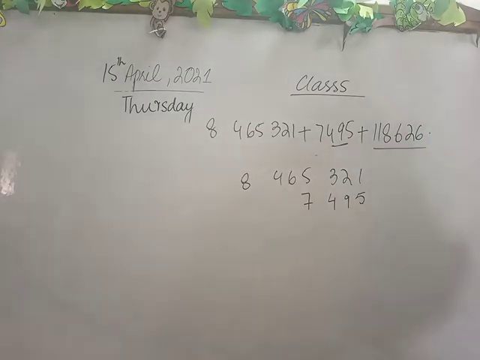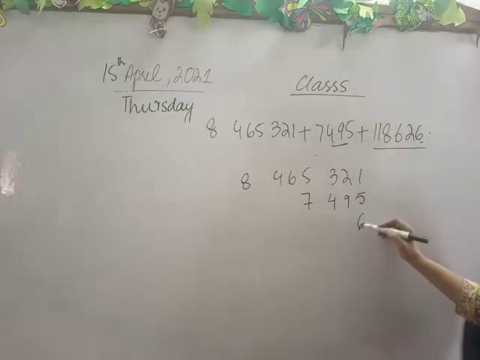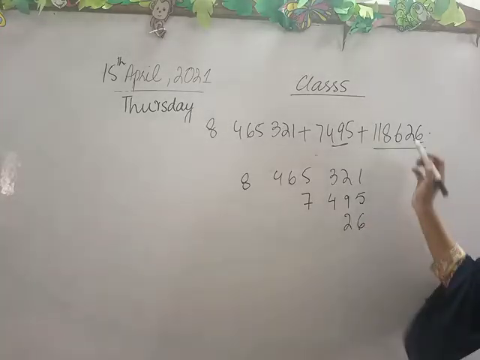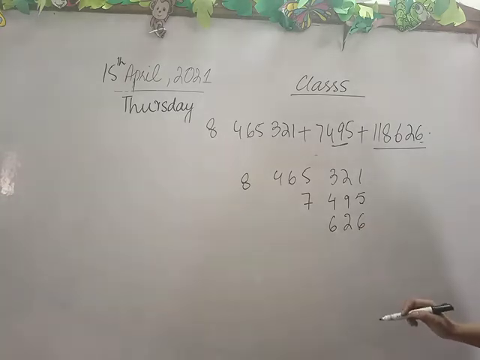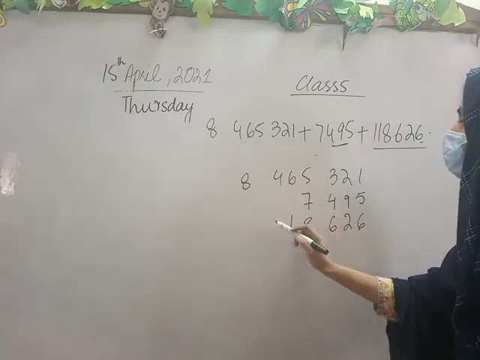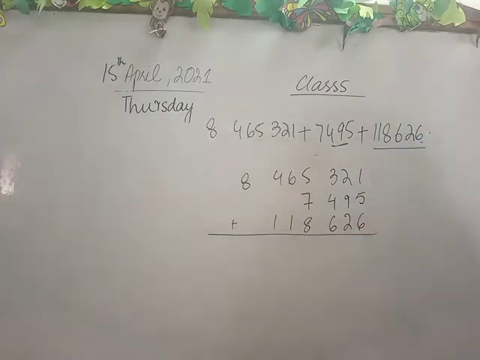Now the third number, which is 118 space 626. I am starting from this side. 6 is below 5, 2 is below 9, 6 is below 4, 8 is below 7, 1 as it is and 1 as it is. Now I am going to solve one by one.